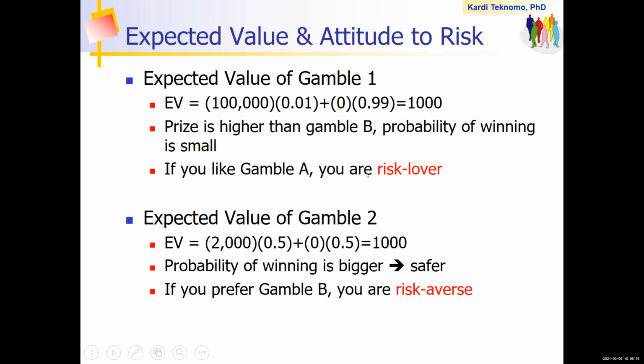If you like gamble B, you are risk averse. So Abel and Darin are risk lovers. Between sure thing and gamble, Eugene, Stephen, and Michelle are risk lovers. So the attitude between sure things and gambles and gambles are different.